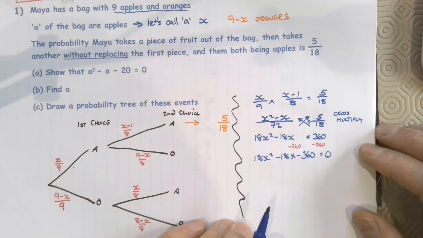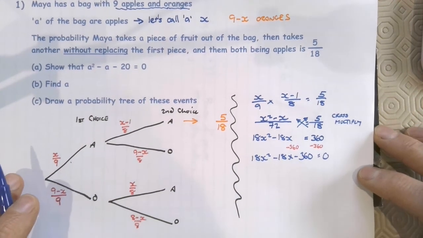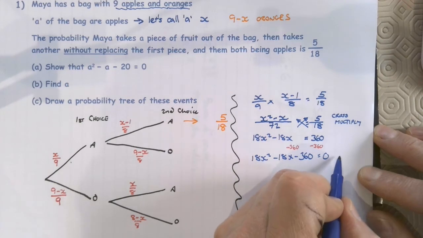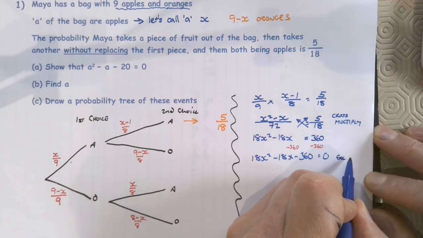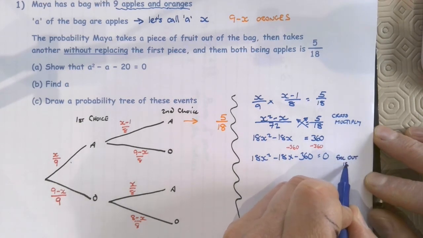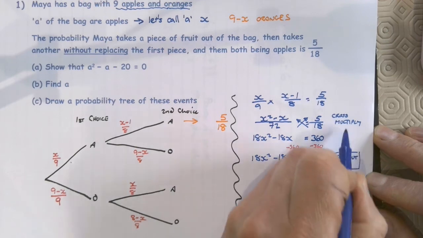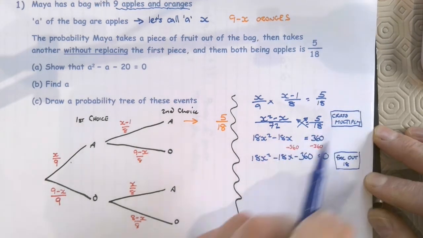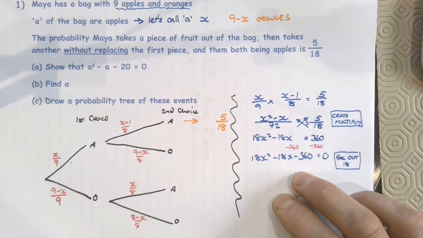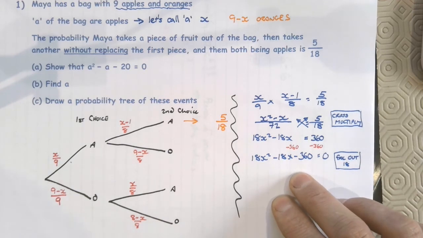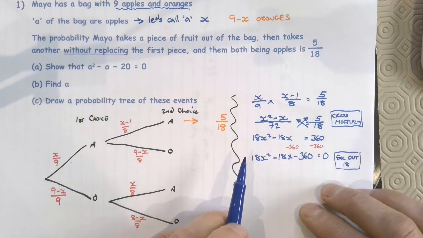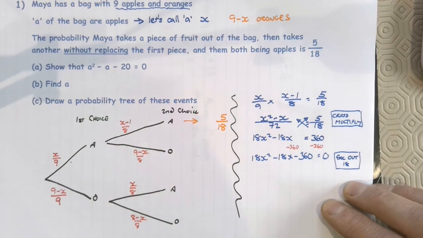And then what I'm going to do is factorise out the 18, okay? So what we're basically doing is dividing both sides by 18, right?